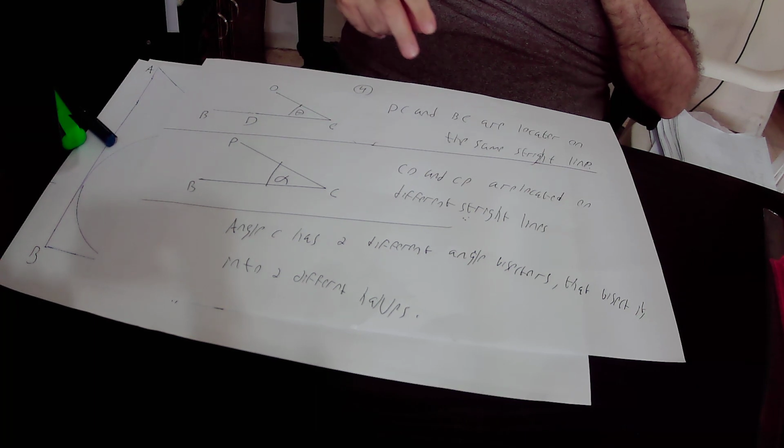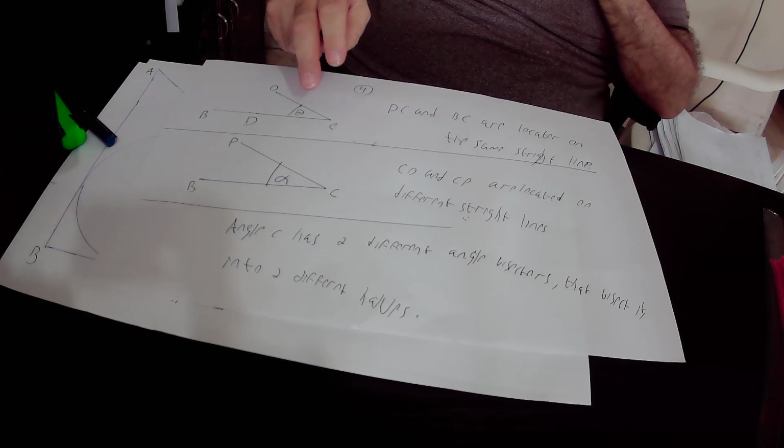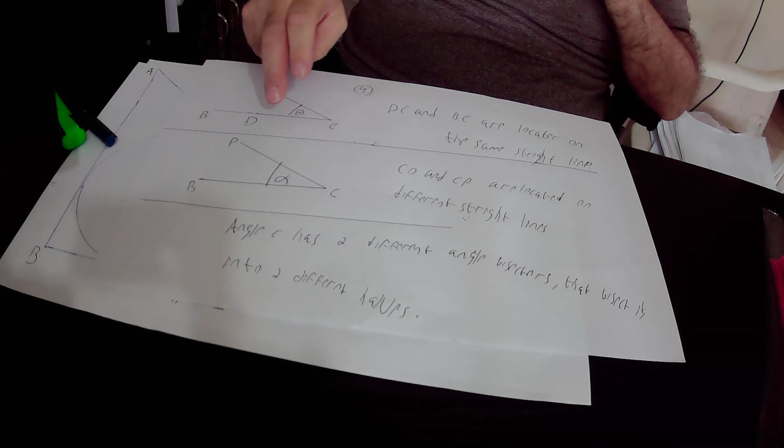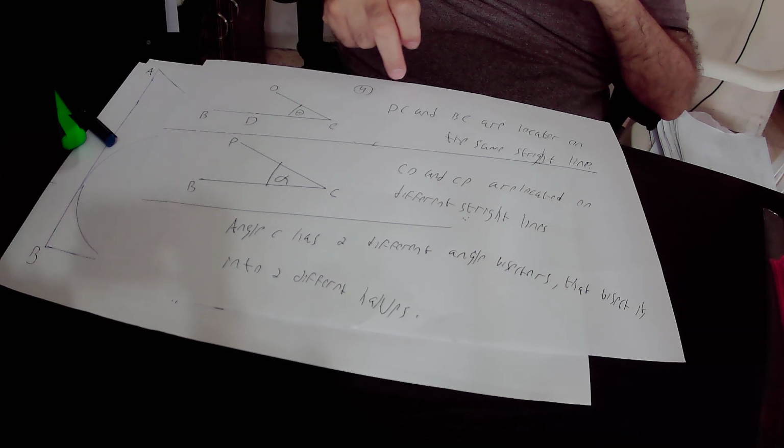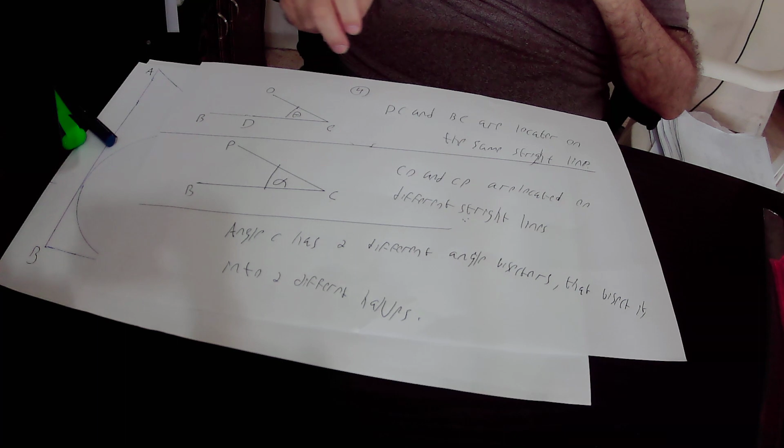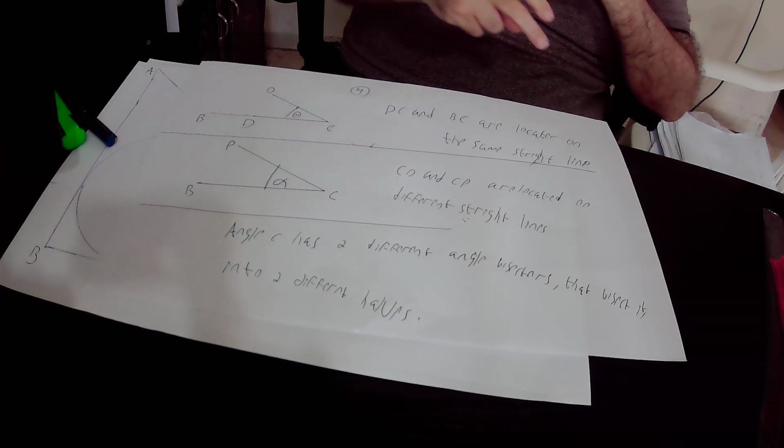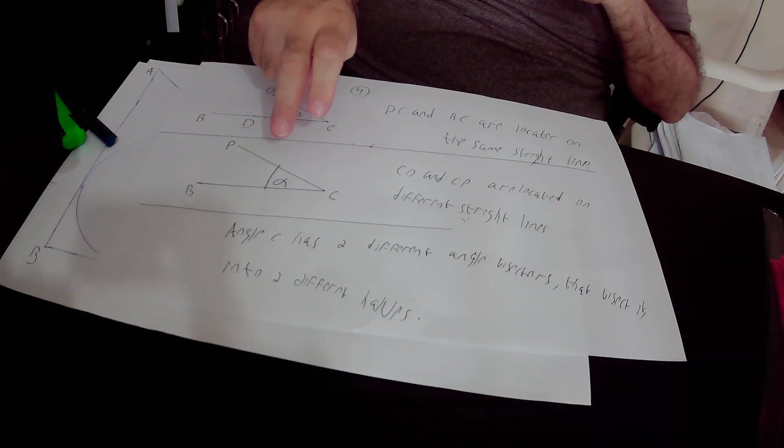Because when one leg of the two angles is located on the same straight line, then the other leg must also be located on the same straight line in order for the two angles to be equal. Otherwise, those two angles cannot be equal to each other.